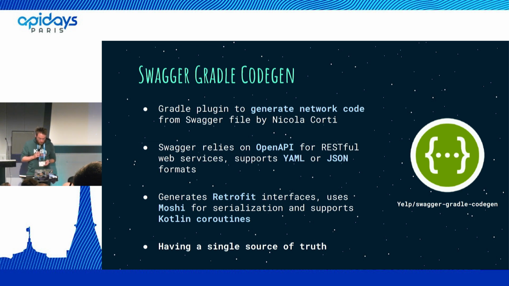So it's great for RESTful web services, and supports YAML, JSON, and so on. Nothing new about Swagger here. The nice thing is, thanks to this plugin, we can generate the Retrofit interface for our Android app and the models for our Android app and our backend service.